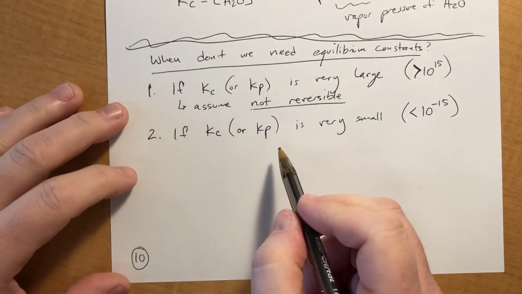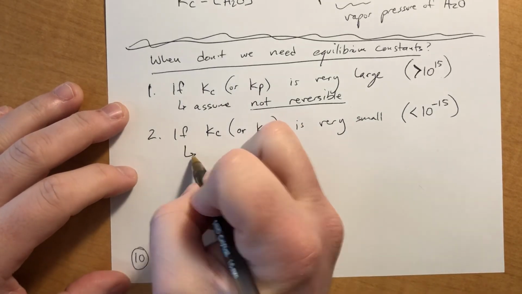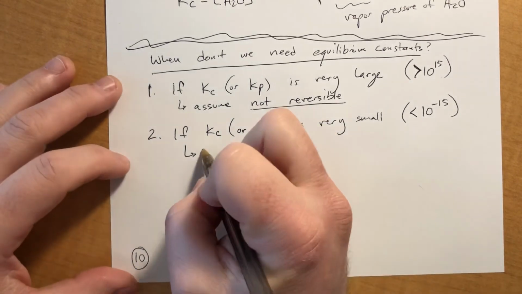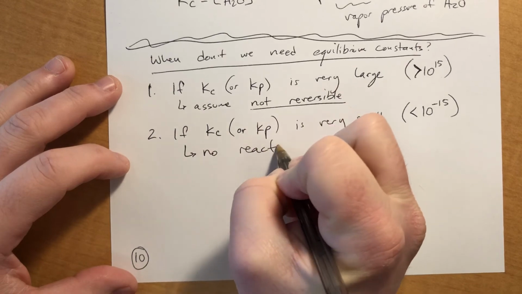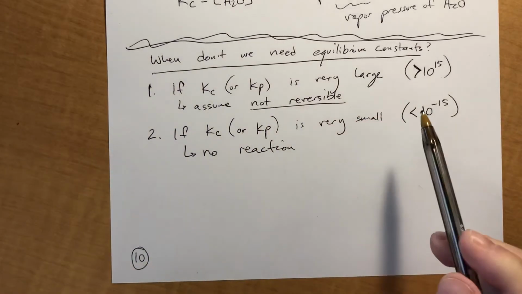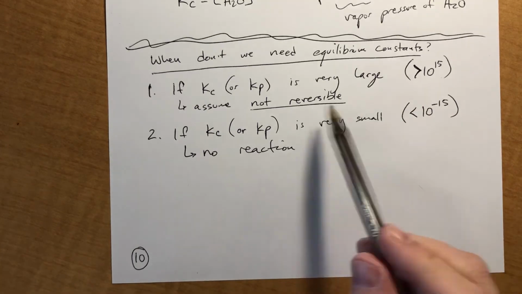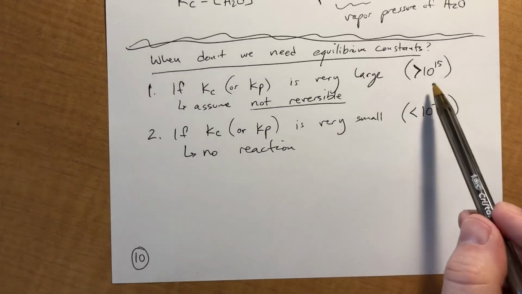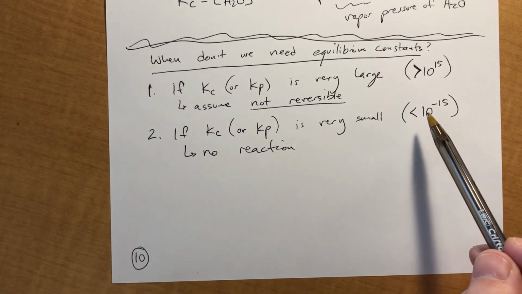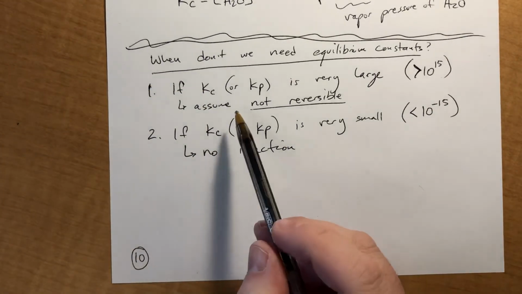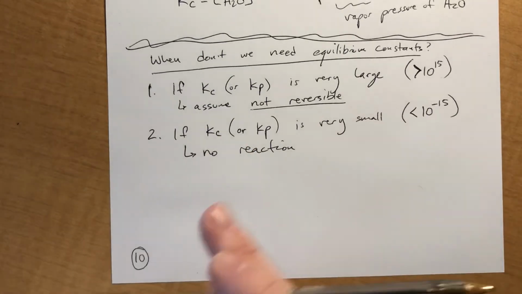But this would assume that there's only a reverse reaction and no forward reaction, so basically the reaction won't happen. So there's a very broad range where equilibrium constants matter. Anything outside of that, we either assume it's not going to be reversed or it's not going forward.